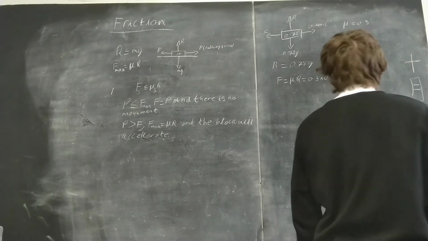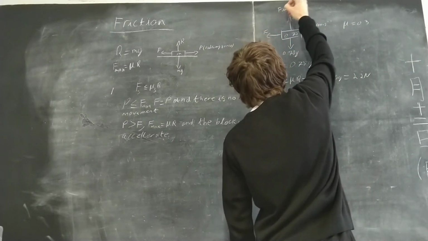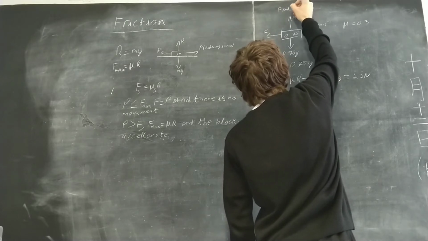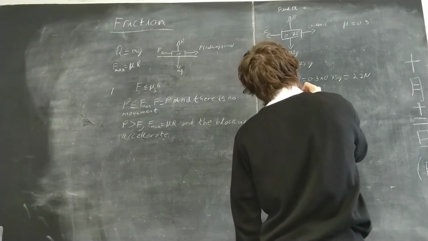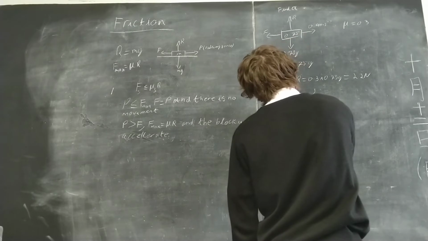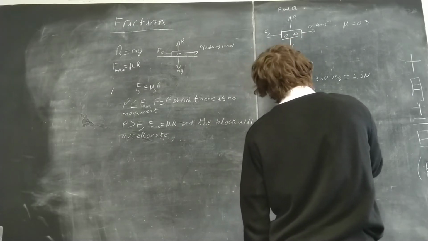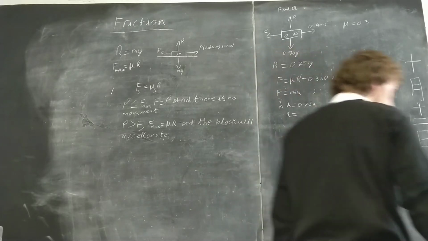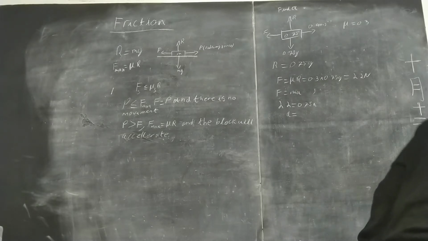We are to find the acceleration, I probably should have mentioned that. F equals ma, 2.2 over 0.75. a is equal to 2.2 over 0.75, which gives us minus 2.94.